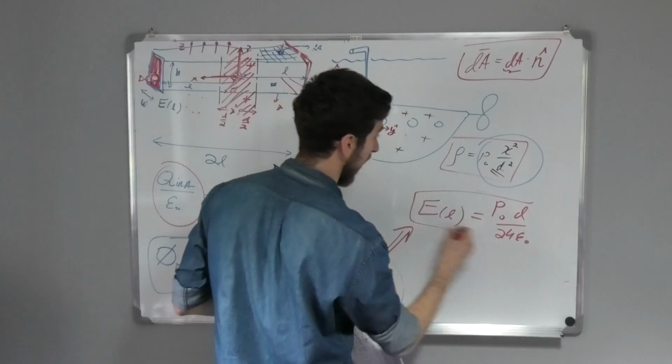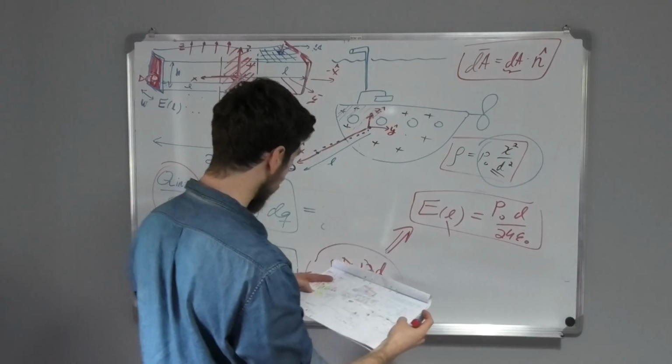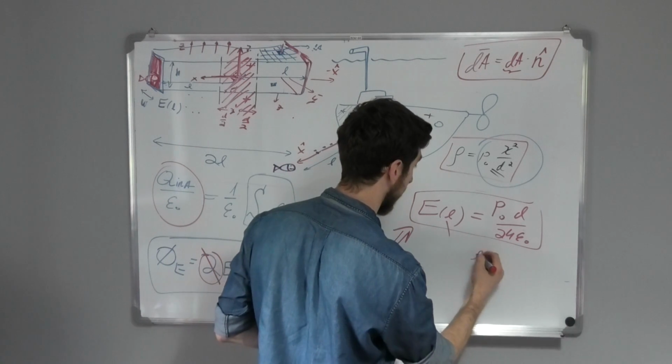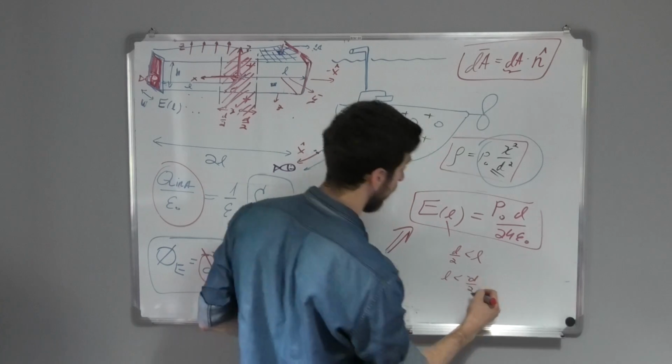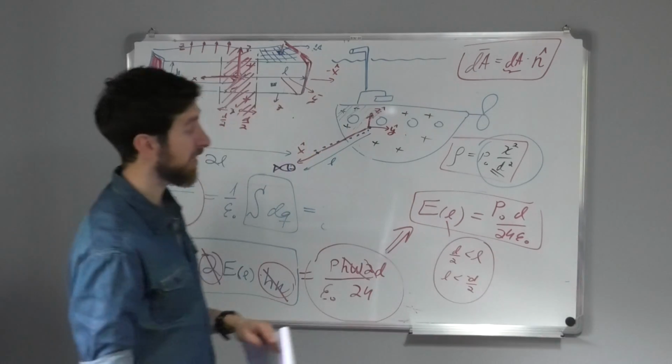That's what I get. And which L are we talking about? We're talking about L's that are bigger than d over 2 or smaller than minus d over 2. That's the concept, that's the idea.